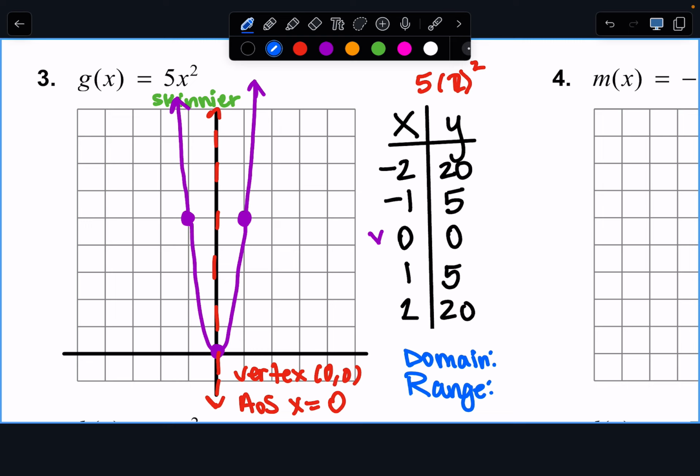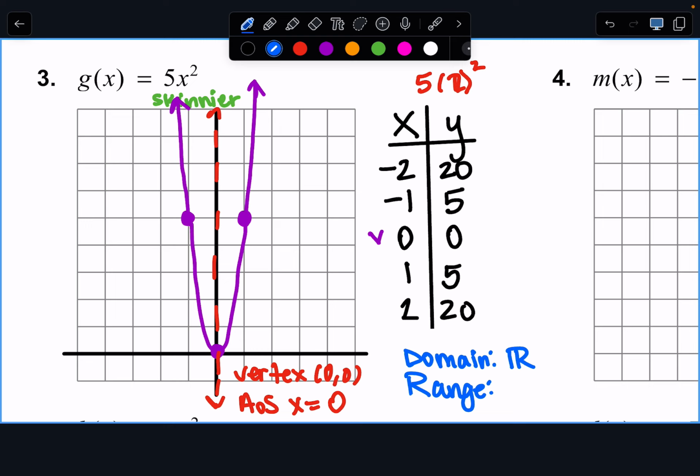Oh, wait, no, we have -2, -1. We have x values everywhere. Any number we plug in is going to work. No matter what quadratic function you are working with, the domain will be all real numbers. The range is what's going to change.